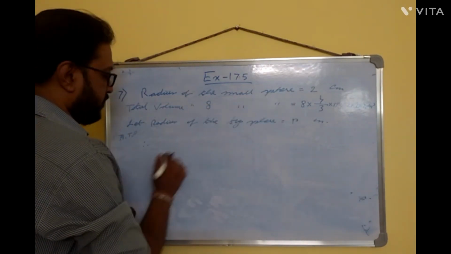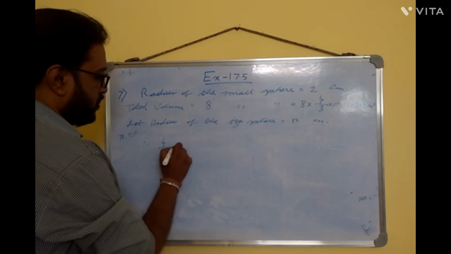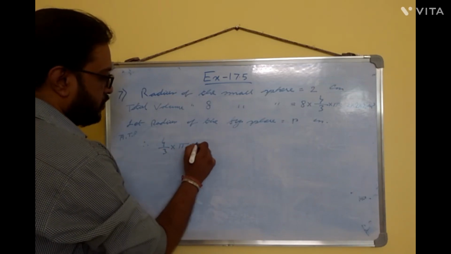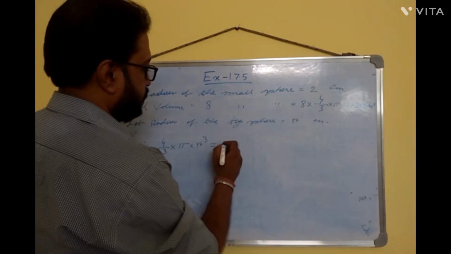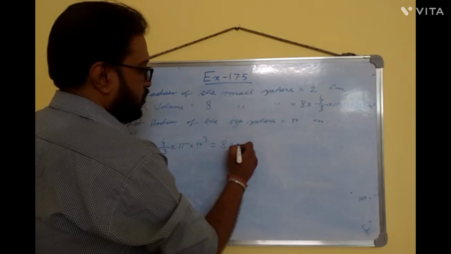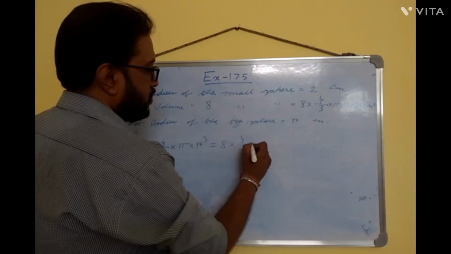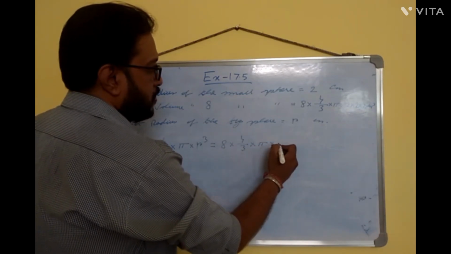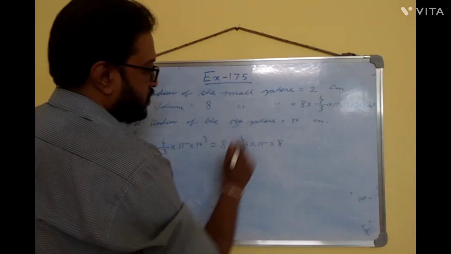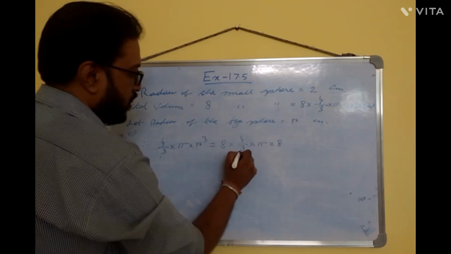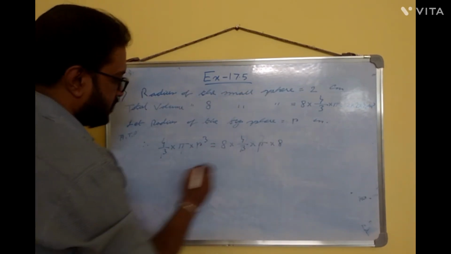So what is the volume of the big sphere? 4/3 pi r cube equals 8 into 4/3 pi r cube, where the small radius is 2, and 2 into 2 into 2 is 8. So 4/3 cancelled, pi cancelled.